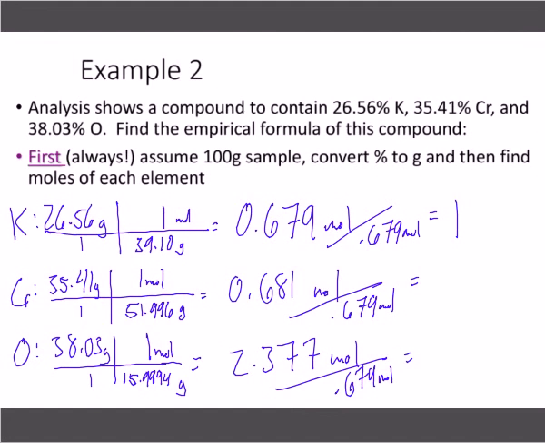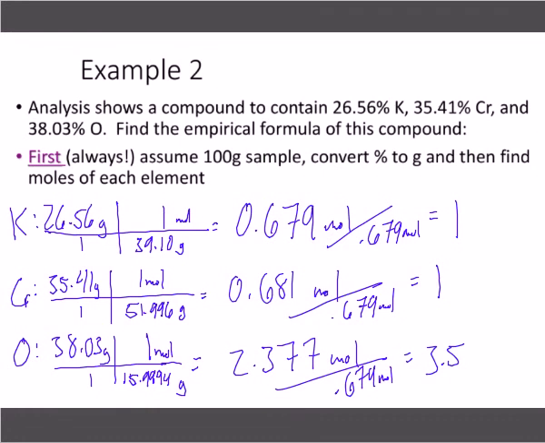That should just be a 1. Now, 0.681 divided by 0.679, guys, is basically going to be what? 1. It's like 1.00 something or other. Now, when you do 2.377 divided by 0.679, what do we get? 3.5. Okay, 3.5.